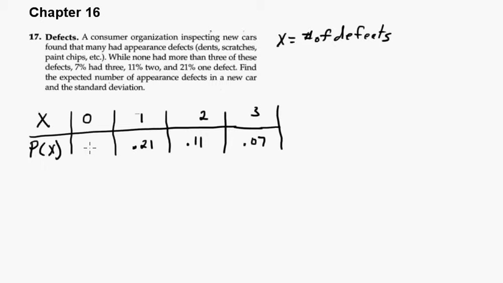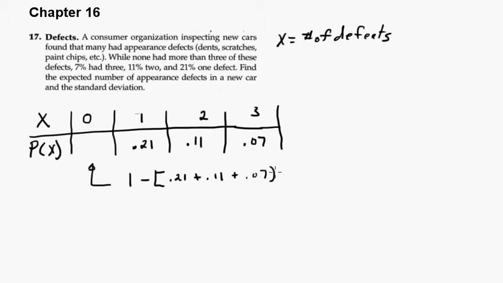And they didn't tell us what this is, but we should know that this has to sum up to 1, so it's going to be 1 minus the probability of 1 defect, or 2 defects, or 3 defects.